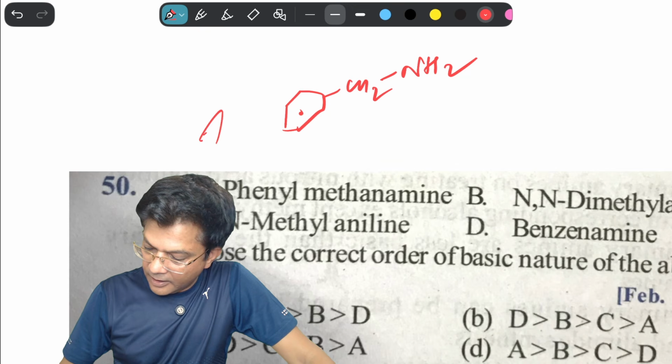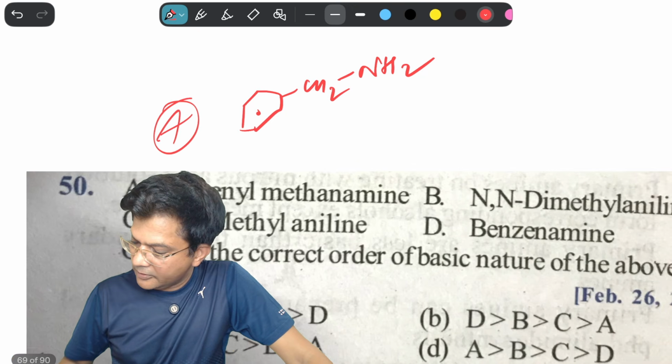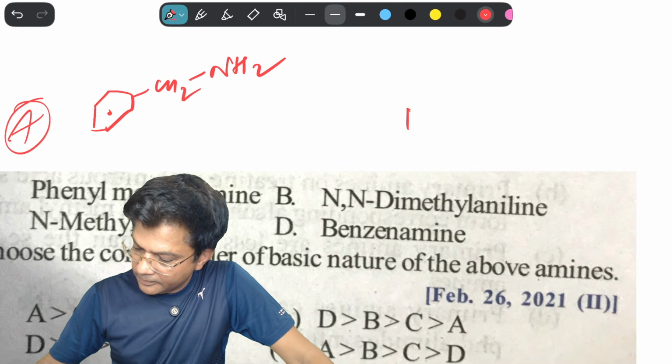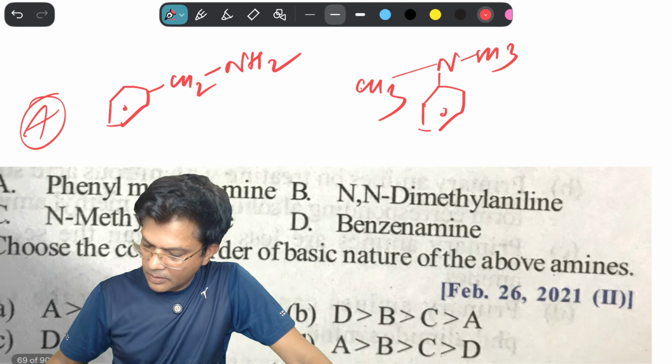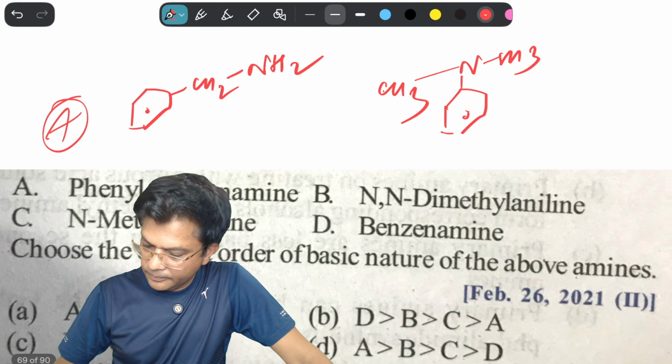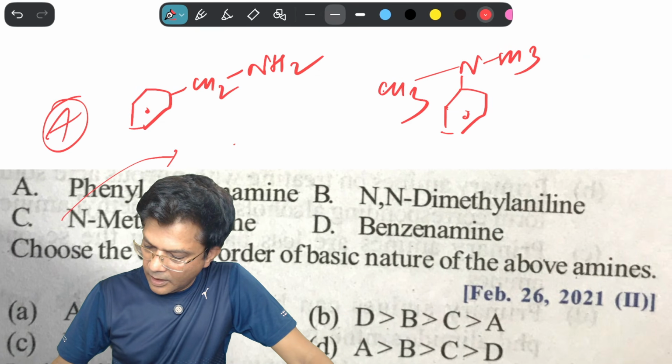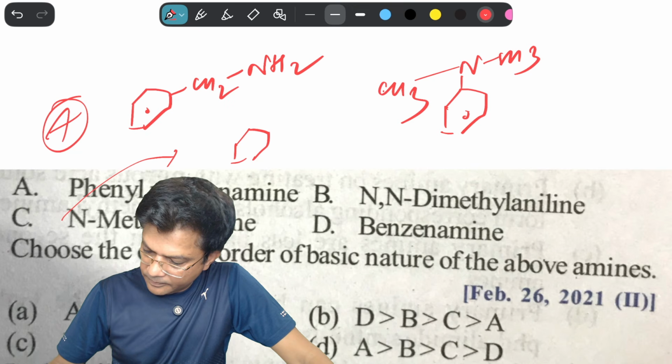N-methylaniline, this is A. B is N-dimethylaniline. C is your N-methylaniline.